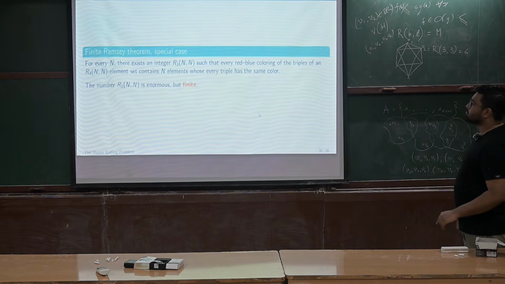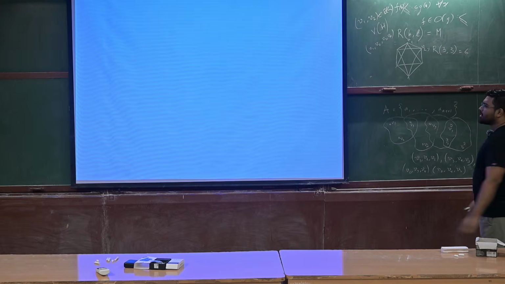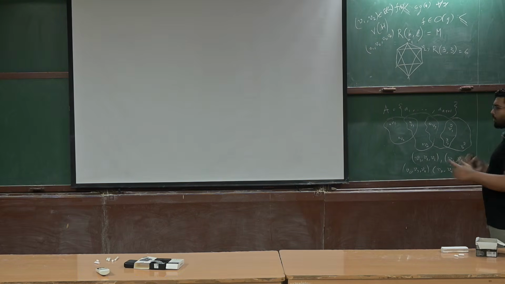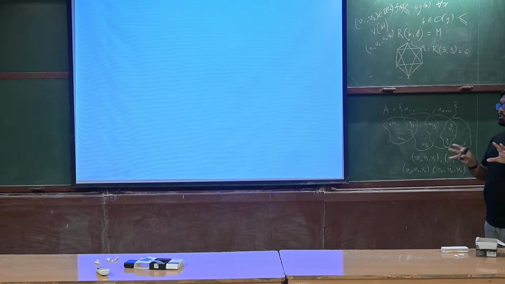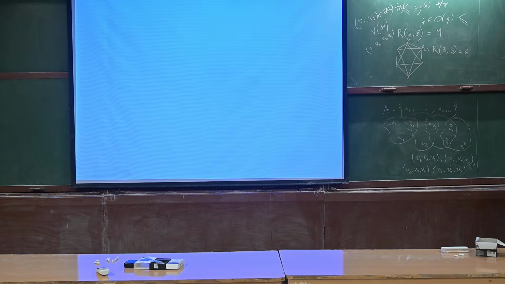So let me just read this out. For every n, there exists a Ramsey triple number R3 of n comma n such that you have a convex k-gon that you can form by choosing sets of triples, and then we use that idea basically.